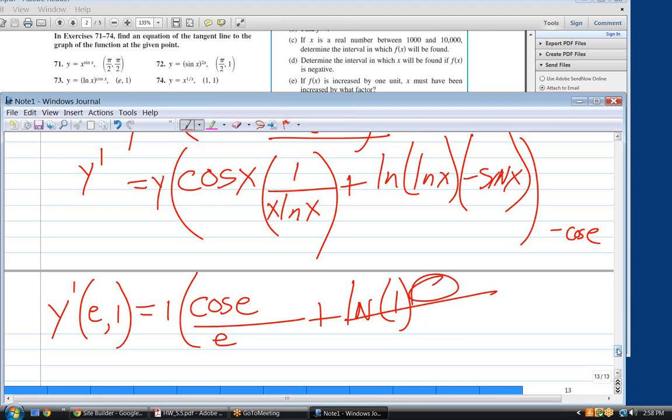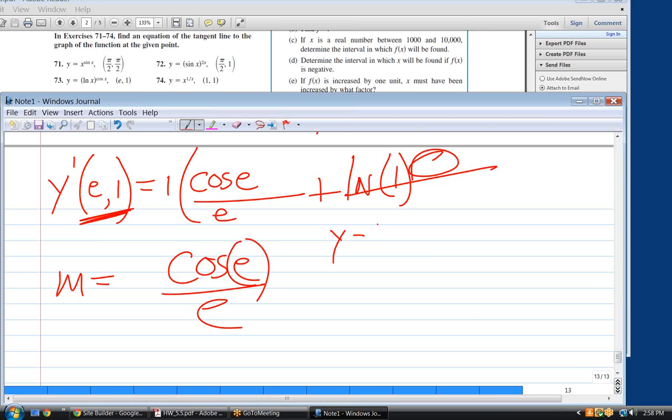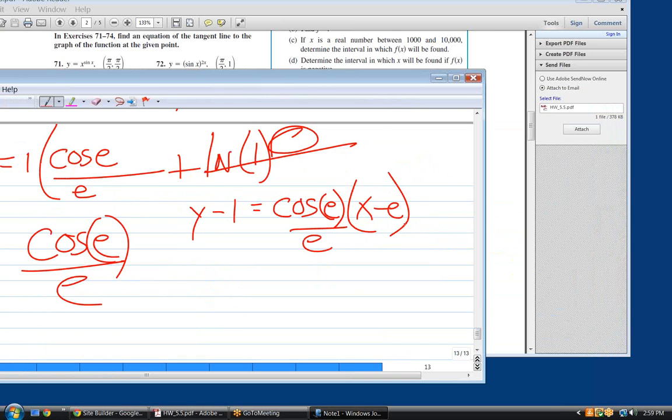So the slope of my line is cosine e over e. That equals the slope at that point. So if I'm using my point slope formula, what do I have? y minus 1 equals the slope times x minus e. So that should be the answer.